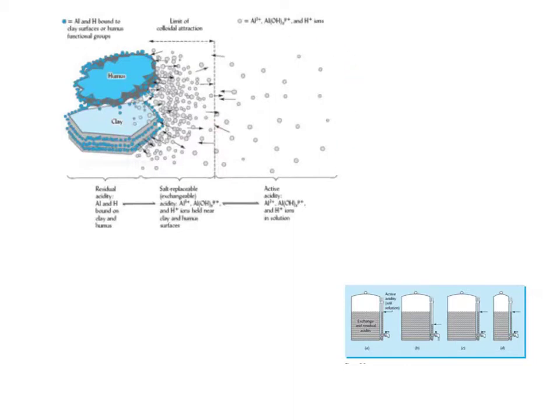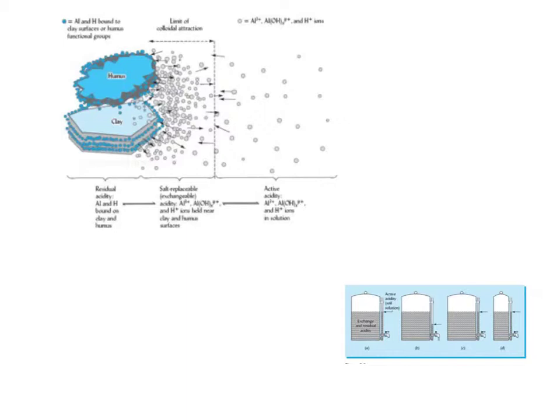So this active acidity. So when we put a pH probe, or when we have a pH strip that we use to test the soil, really what we're testing are the acidic ions, the hydrogen ions, out here beyond the area where CEC is really active.